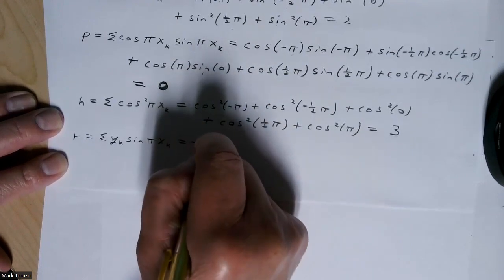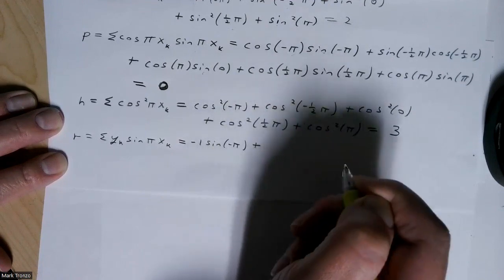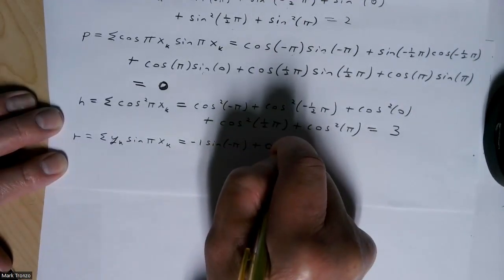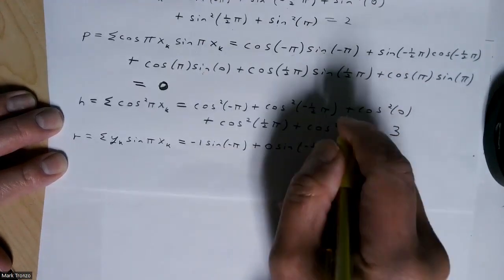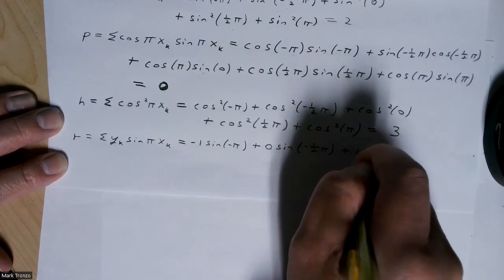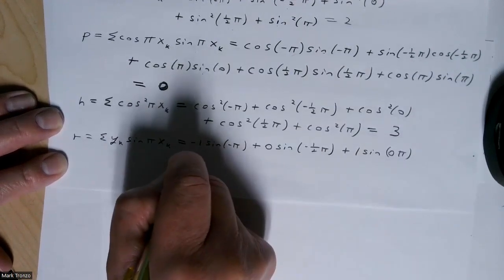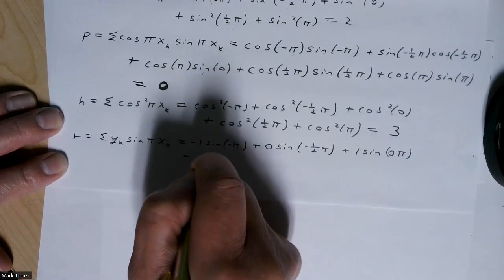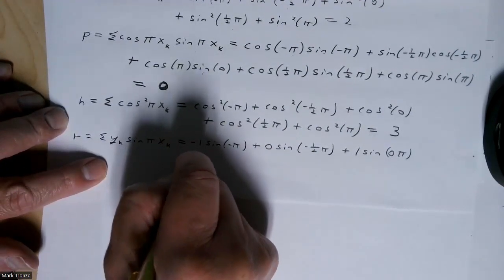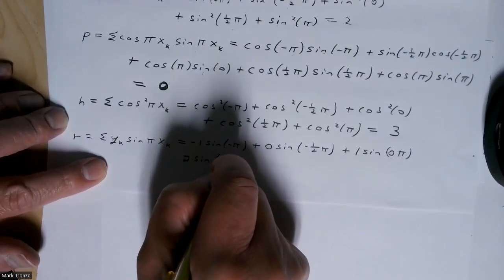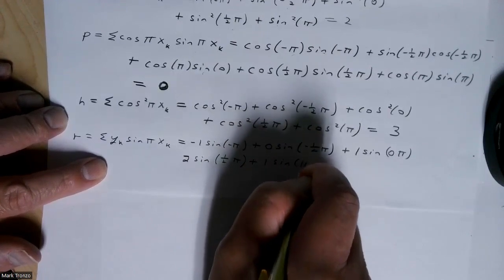And that's going to be -1 sine minus pi plus this time 0 times sine minus 1/2 pi, because y was 0 this time, plus 1 sine 0 pi minus, excuse me, the next one was a 2 sine 1/2 pi, and finally 1 sine pi.